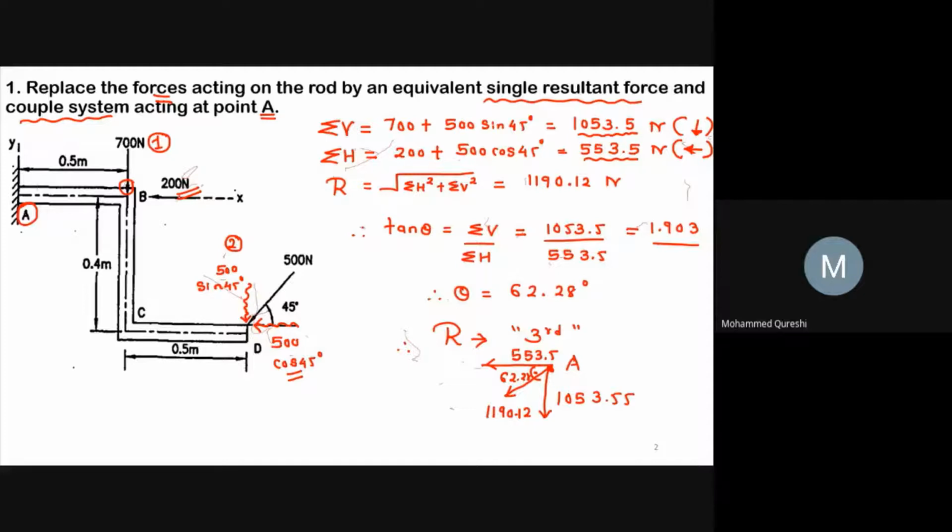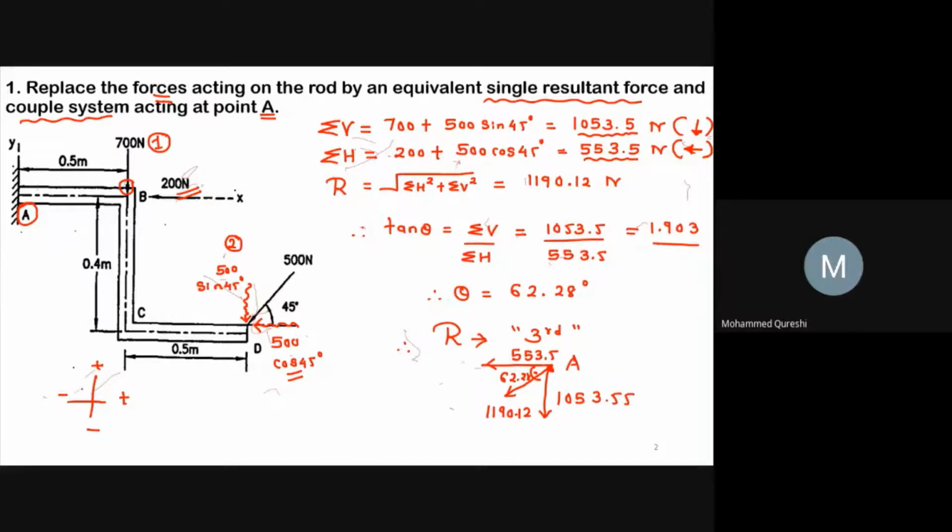So in case of left hand side, that is in minus x axis, so I had not denoted this value as minus 200 and 500 cos 45 as minus 500 cos 45, as we know that this will be your plus axis and minus axis.